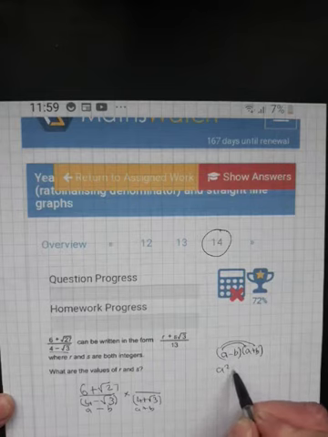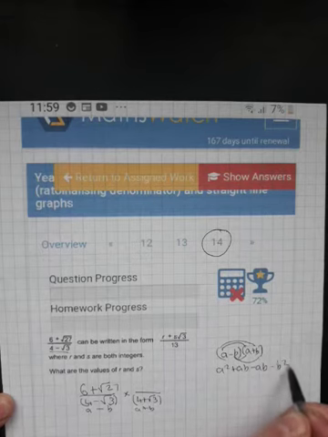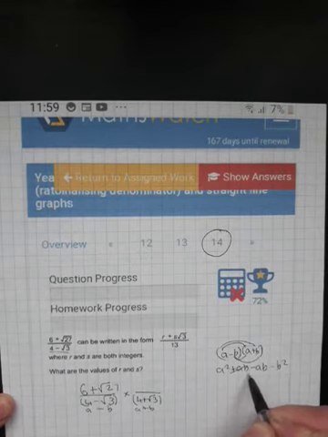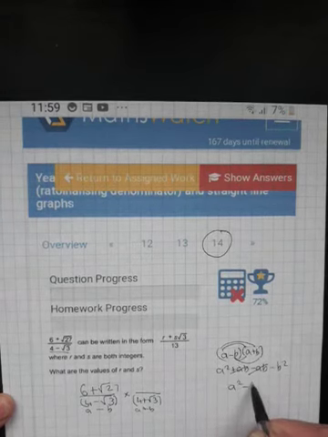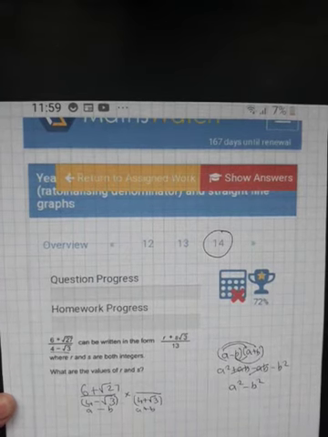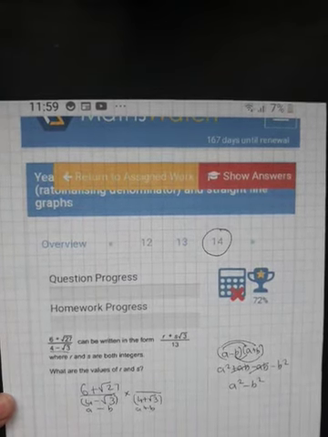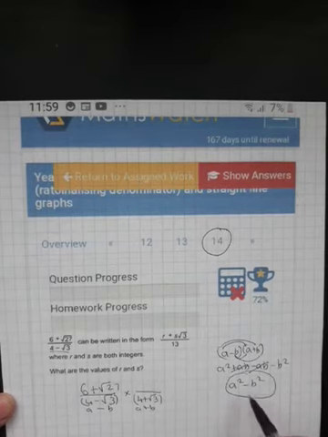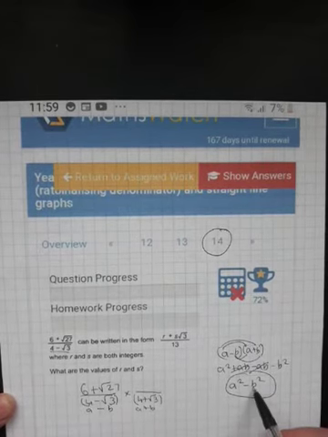A times b is plus ab. Minus b times a is minus ab, and minus b squared. The two middle terms cancel each other out, leaving us with a squared minus b squared, or the difference of two squares. The result is 4 squared minus root 3 squared.